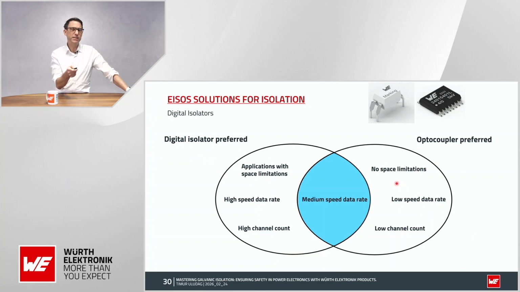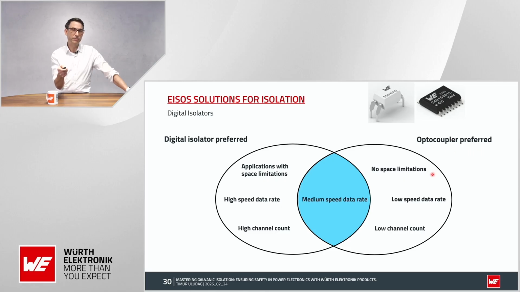If you have got, let's say, no space problems, a low data rate, and you only have a minimum, let's say, 1 or 2 channel count, then you can tend more to go for an optocoupler.